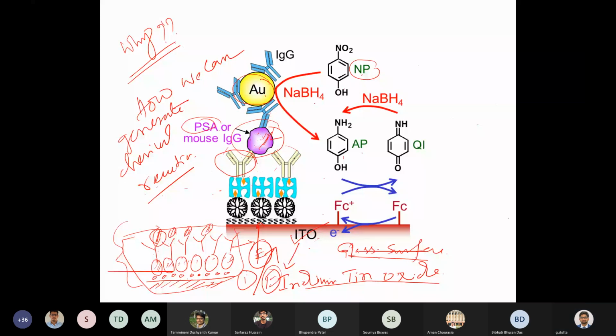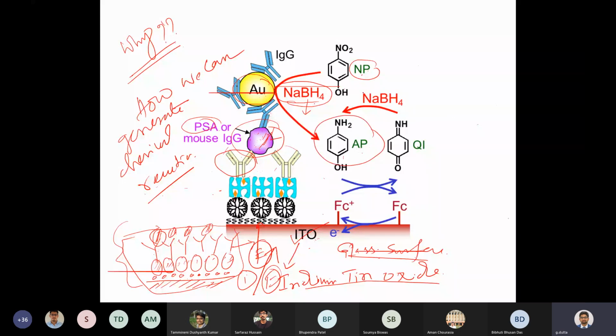Now, if the gold nanoparticle is on the surface, then this NP, nitrophenol, will react with the gold nanoparticle with the help of one chemical called sodium borohydride. Sodium borohydride is a reducing agent, so the NP will transform to AP. AP is aminophenol.